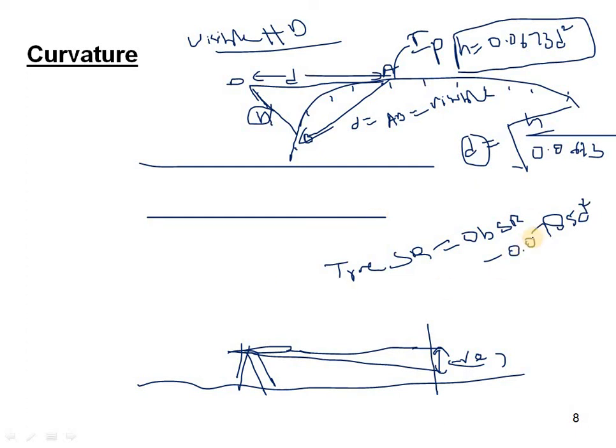So the true staff reading is equal to the observed staff reading minus 0.0785 d square. As the curvature increases the staff reading, the correction is therefore subtractive. This is the concept of the correction of curvature.